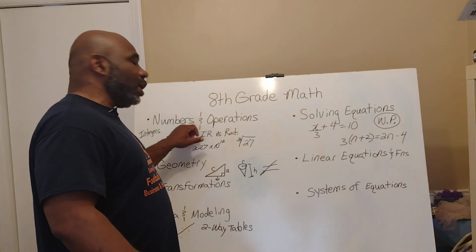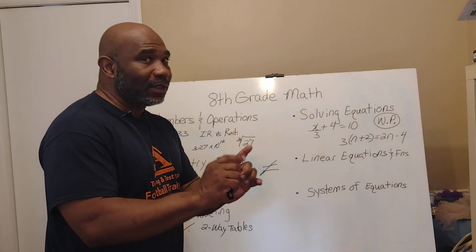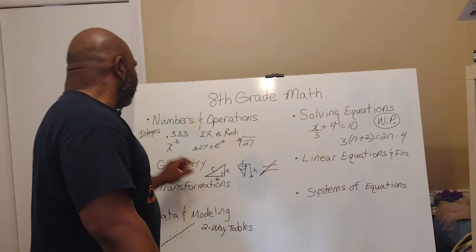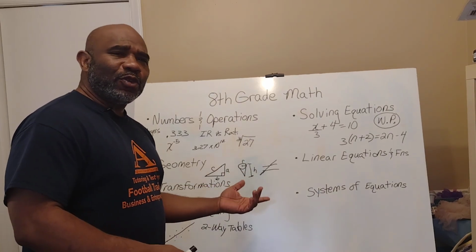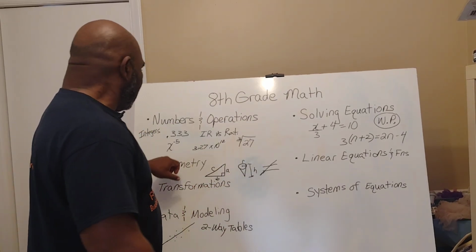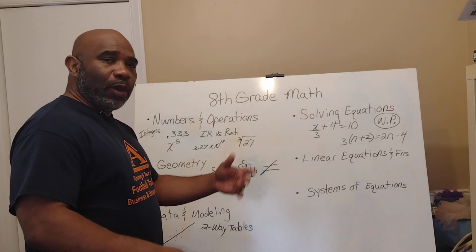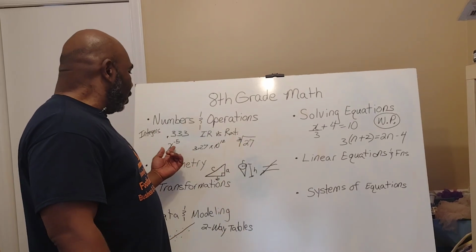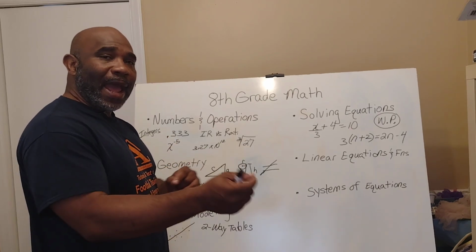We start off the year with numbers and operations. Integers. Can you add, subtract positive and negative numbers? Then repeating decimals, terminating decimals, rational versus irrational numbers. We go deeper into exponents like 5 squared, 5 to the third power. Then we start using variables with exponents, and we do math operations.